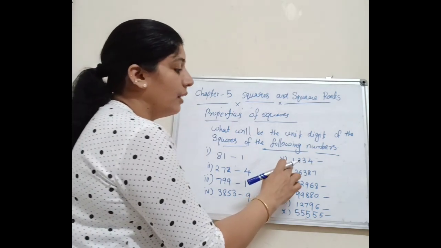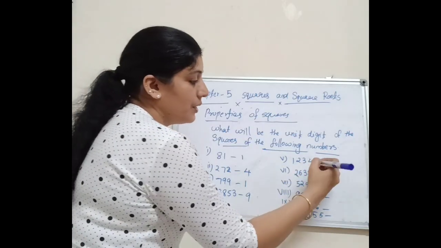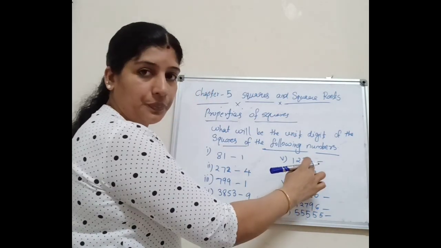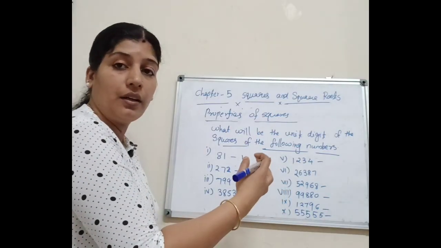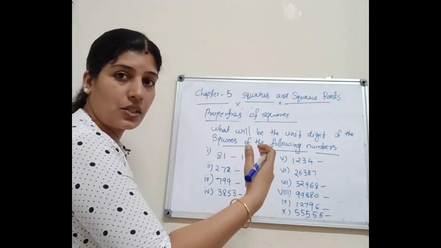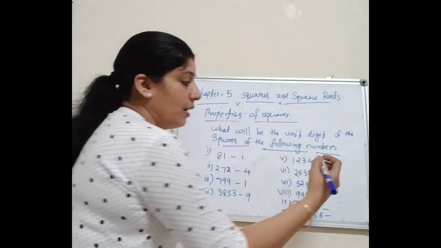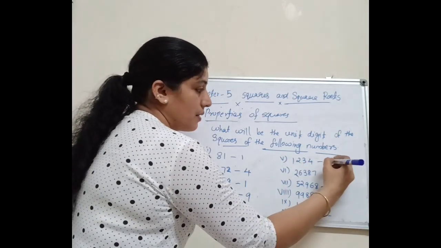Next, we can consider 1234. Here, the unit digit is 4. Therefore, the square of this number also ends with the unit digit 4 square, that is 16. Therefore, the unit digit in the case of the square is 6.